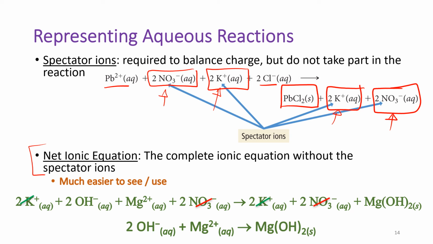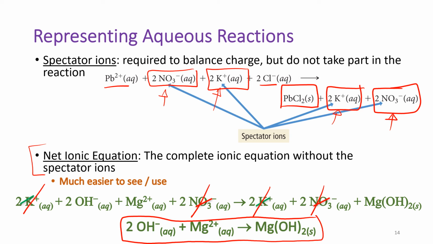So here I canceled out the potassium and the nitrate on both sides. What we get is a neat little equation without the spectator ions that didn't do anything, and you have what actually participated in the reaction. It's much easier to use and to see what actually happened in the reaction.